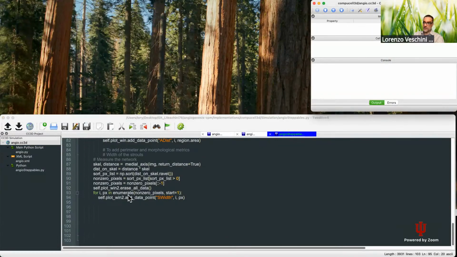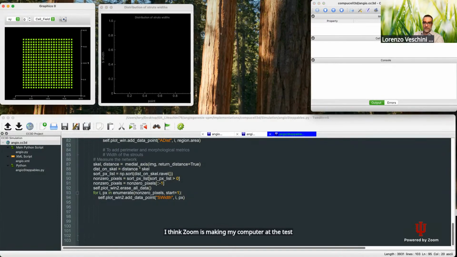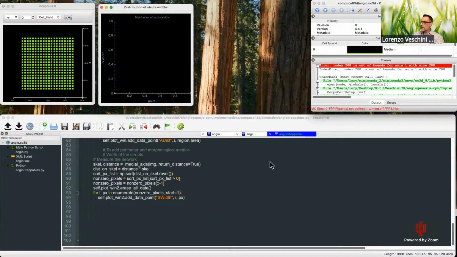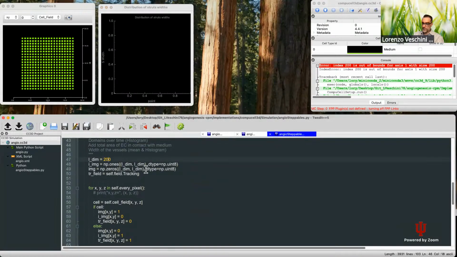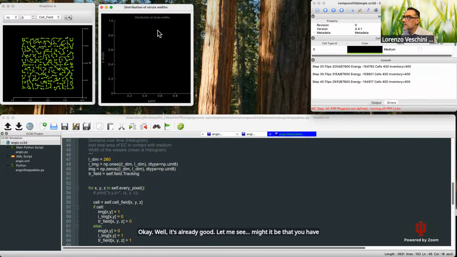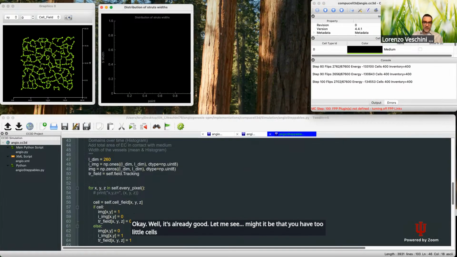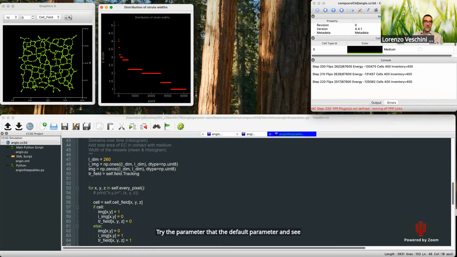I think Zoom is making my computer struggle today. Okay. Well, it's already good. Let me see. Might it be that you have too few cells? Try the default parameters and see what happens.